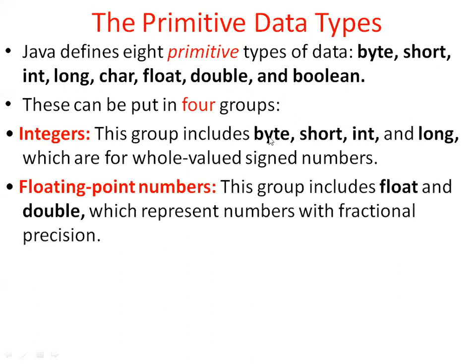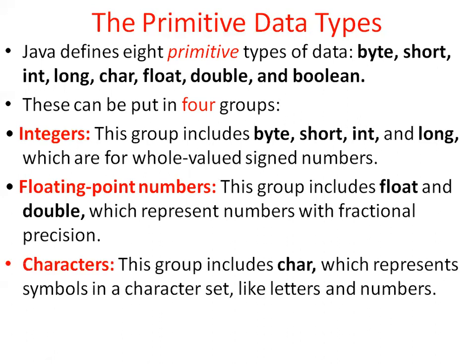Then the second group is floating point numbers. This group contains float and double types. This group contains numbers with a fractional precision, that means numbers with a decimal point. Then characters. This group contains the char data type, which represents symbols in a character set like letters and numbers.